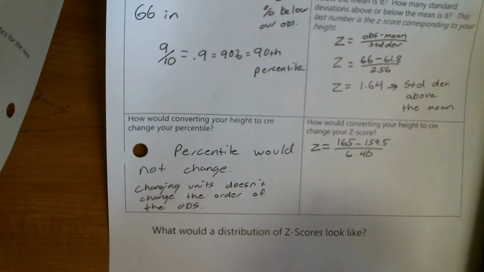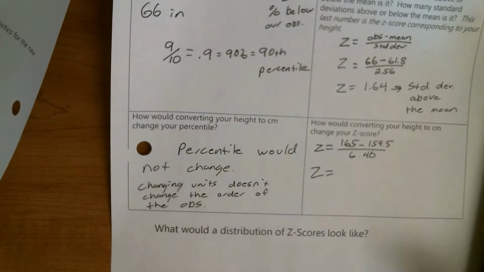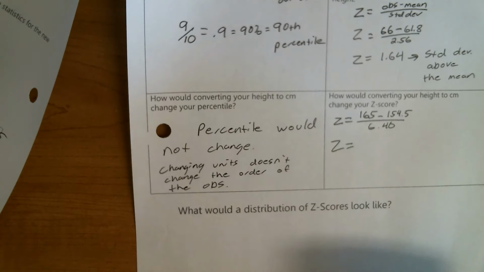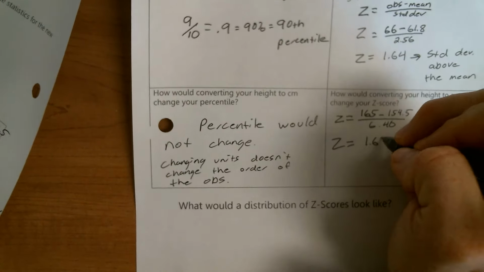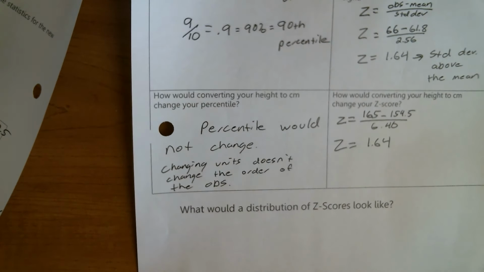Again, we're rounding here, so let's keep that in mind when we get our final answer. So 165 minus 154.5 divided by 6.4 is 1.64. So it did not change, which is what we should have expected.